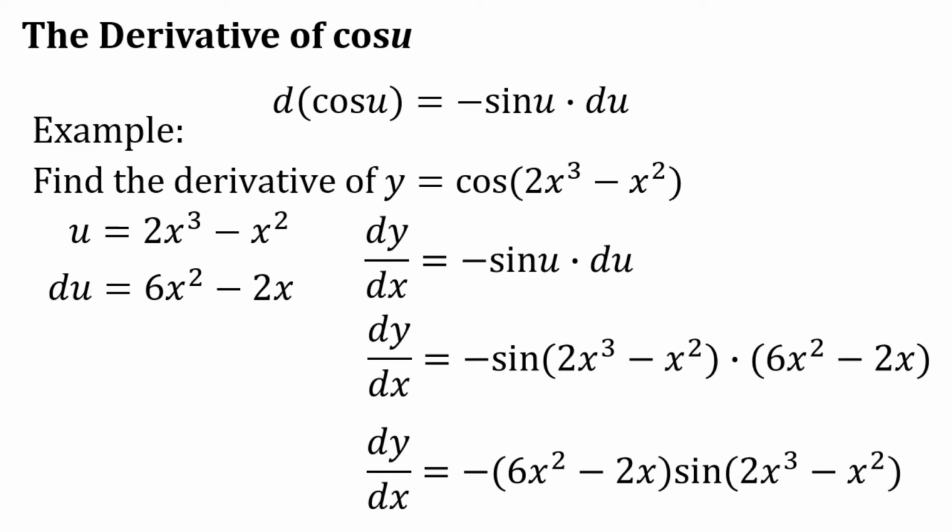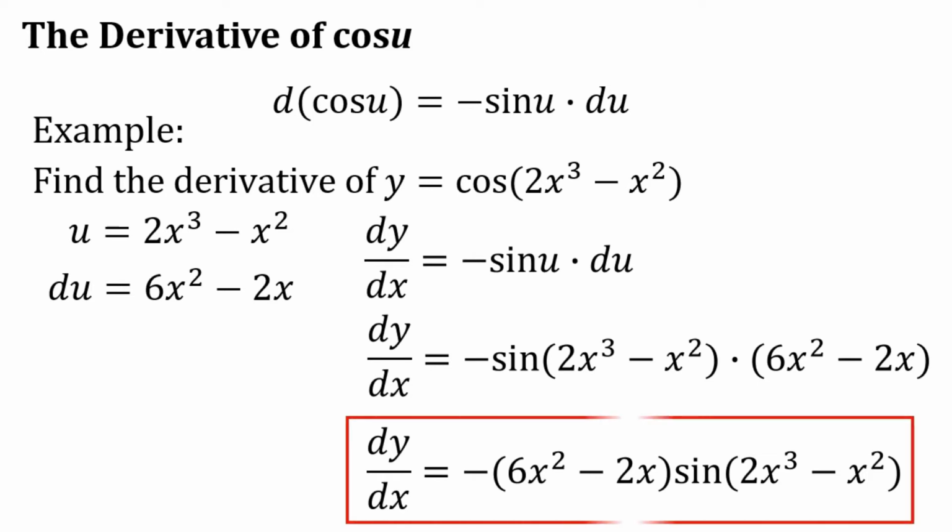Dy over dx equals negative 6x squared minus 2x times sin of 2x cubed minus x squared. Again, this is our final answer. 6x squared minus 2x was written before sin of 2x cubed minus x squared. I already told you the reason from our first example.